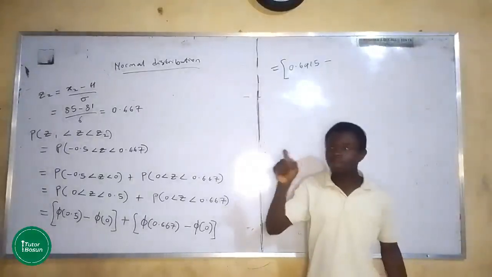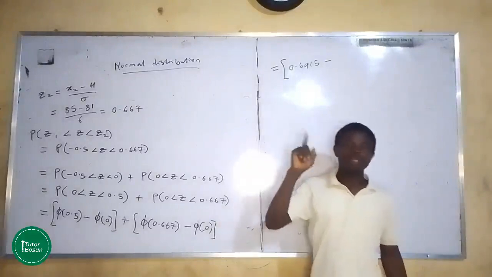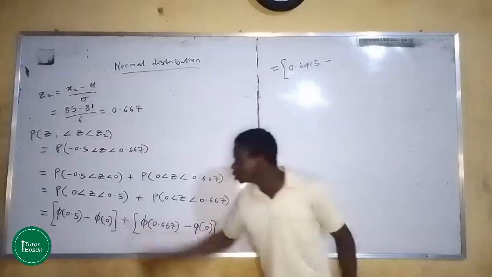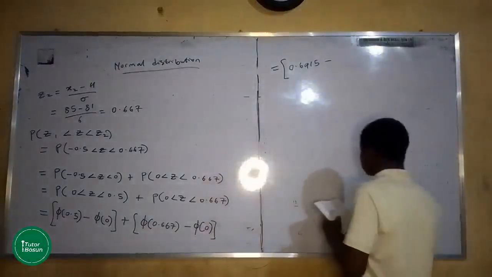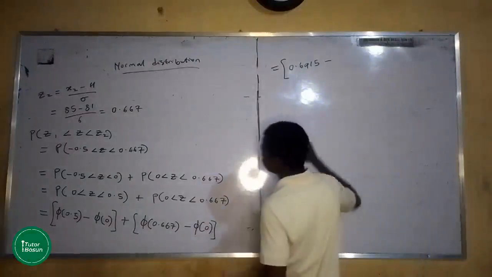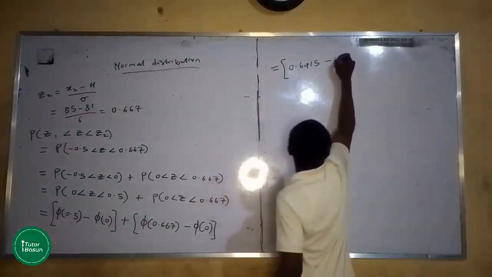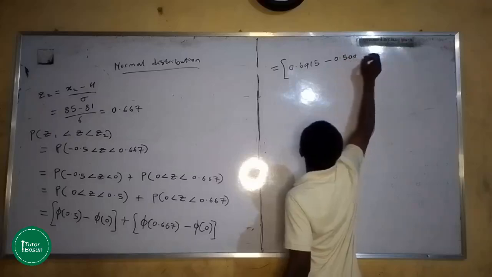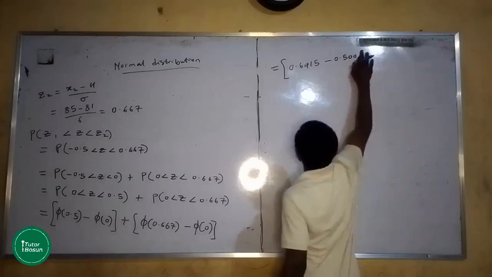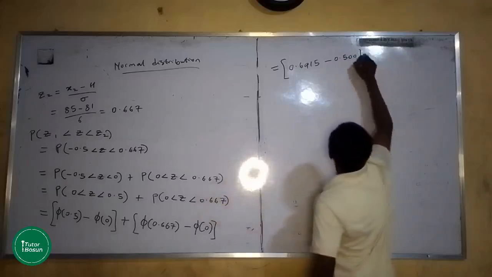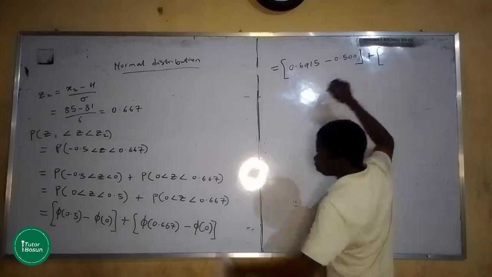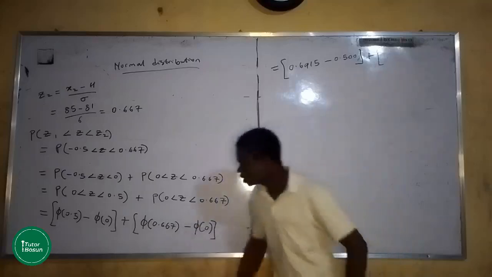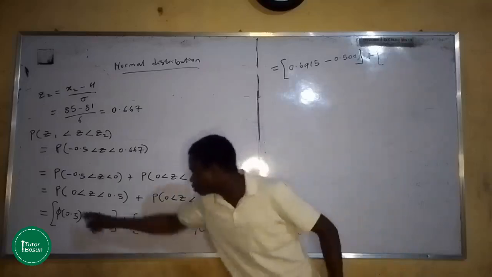Just take 0.0 under 0.000, and that will give you 0.5. So it is 0.500 minus 0.500 plus 0.667.